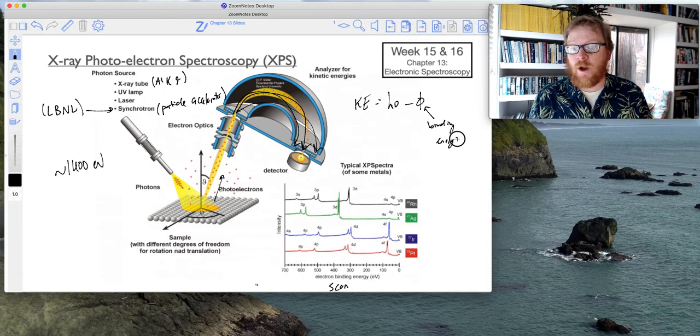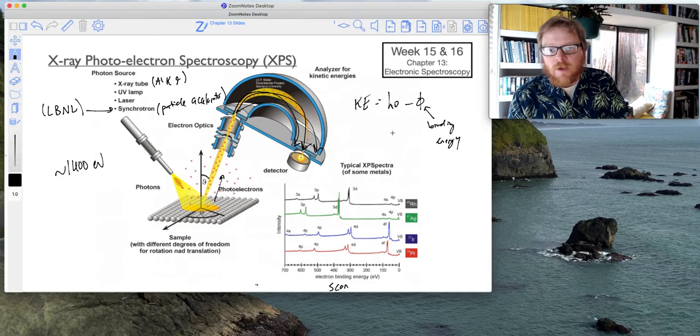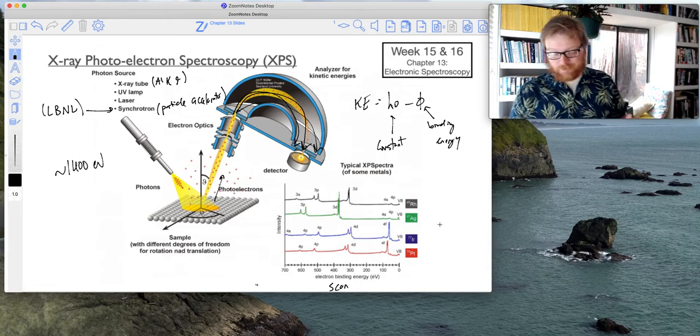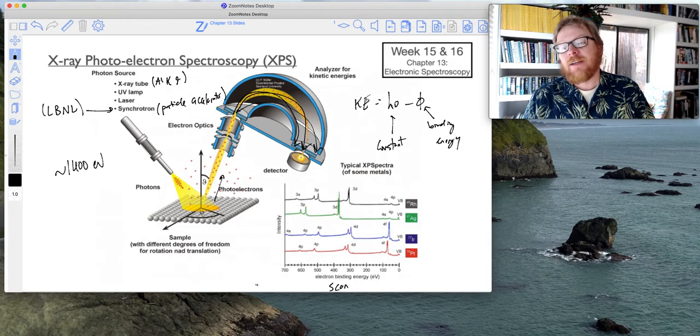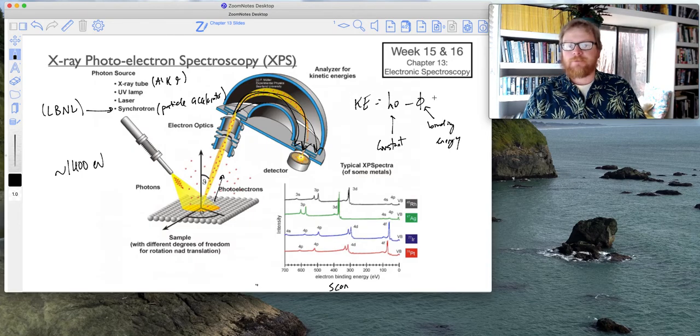This is what you want to determine. Okay? So the h nu, the incident radiation is constant. So by scanning different kinetic energies, right, and knowing that this energy is constant, we can measure the binding energy of various electrons in atoms.